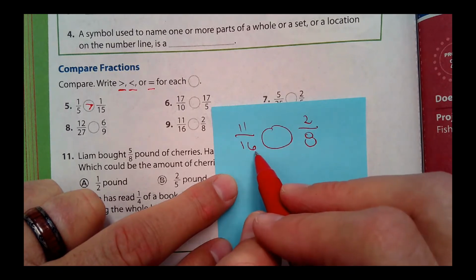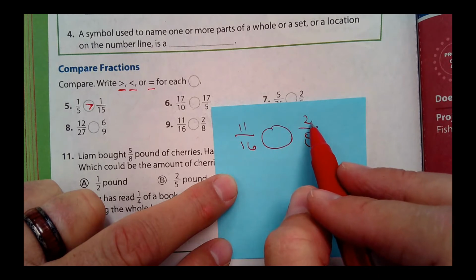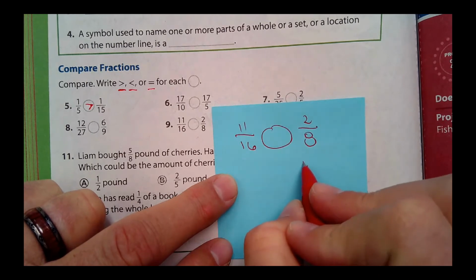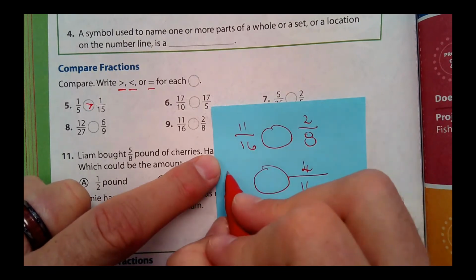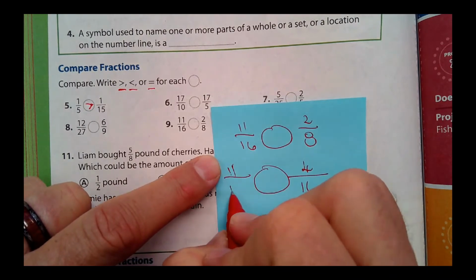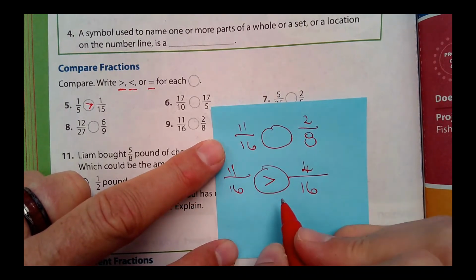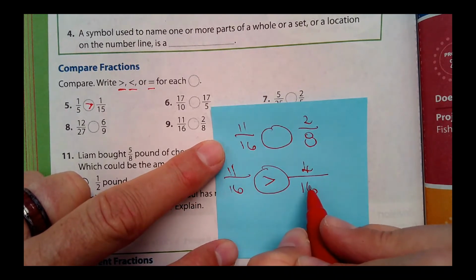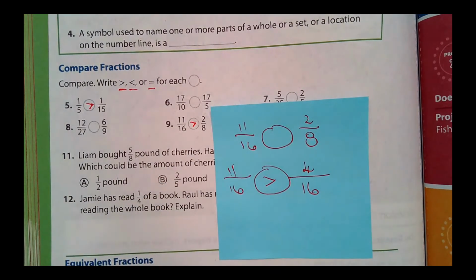How many times? 2. So that number times the numerator, which is on top. So what's 2 times 2? 4. So this becomes 4/16, and we're comparing that to 11/16. Which is larger? 11/16 is greater than 4/16. So there we go.